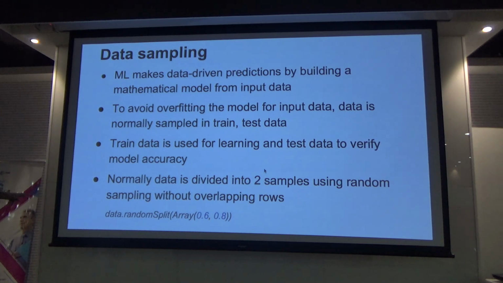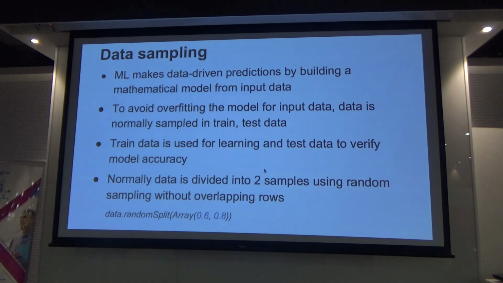As I already showed you, there is a random split method which takes an array of percentages you want to divide the data into, and it will divide the data. One advantage of random split over the other normal sampling methods on the data frame is that it avoids overlapping rows. If a specific row is in the train data, it will not be in the test data.